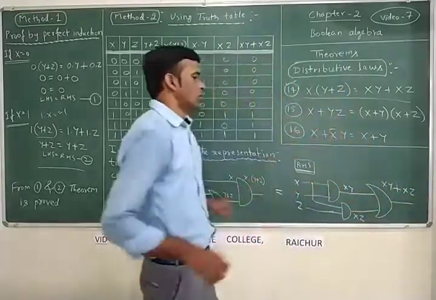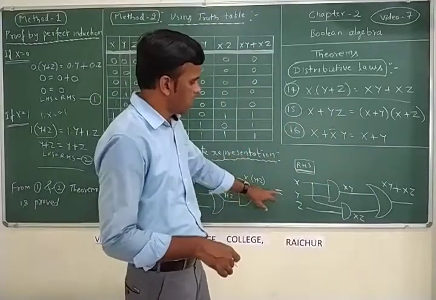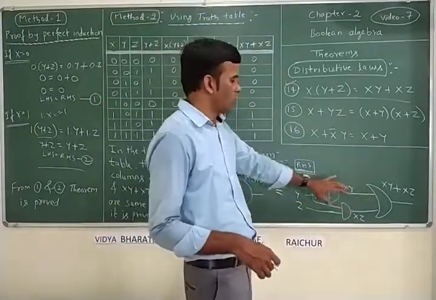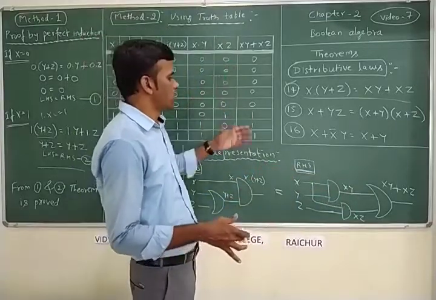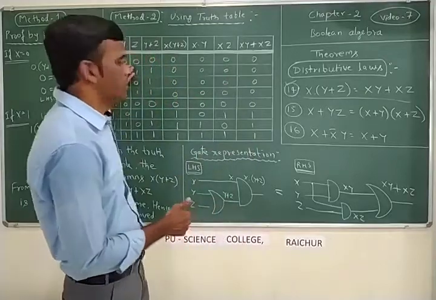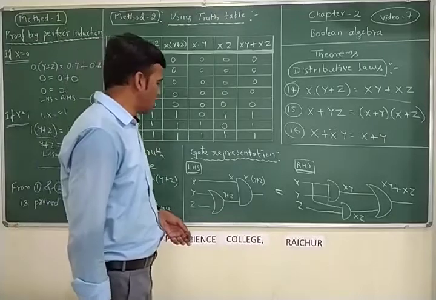Okay. So this circuit construction is equal to this one. So both the circuits give you this result. Okay. So for these combinations of input values for x, y and z.